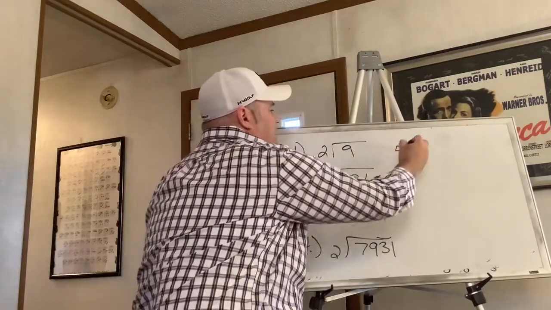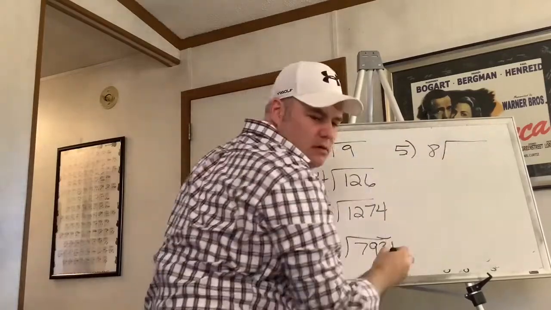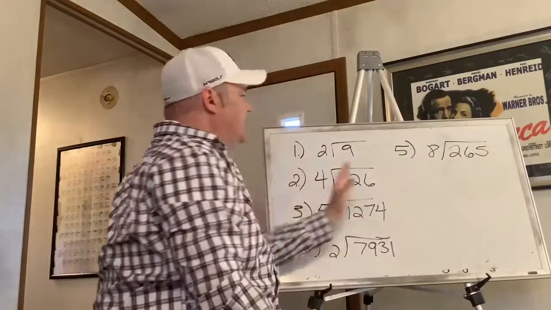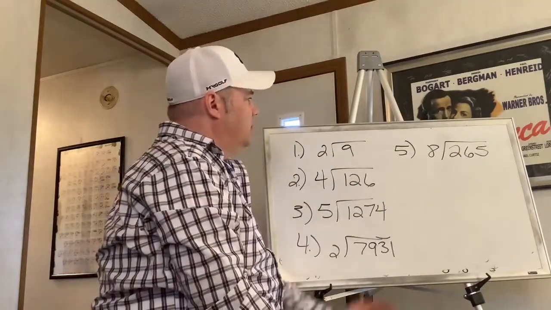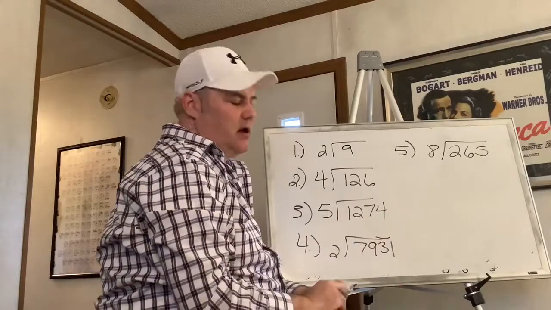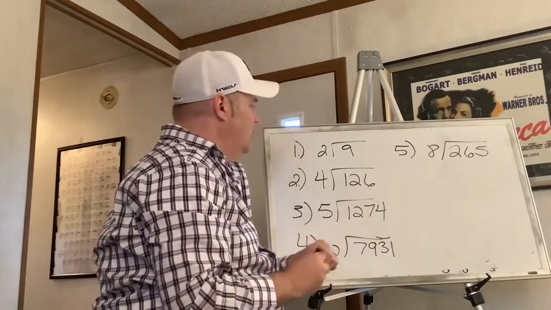And number 5 is 8 into 265. Okay, and these will end after maybe 2 or 3 numbers, or maybe just one number. It will end at some point. Okay. All right.